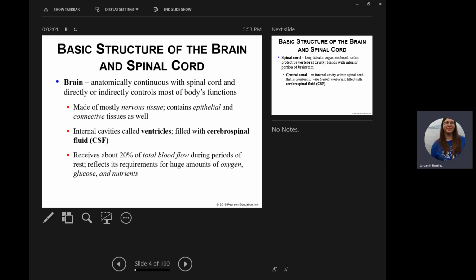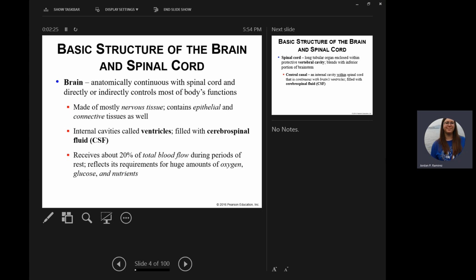All right, so we're going to talk about the brain, then we'll talk about the spinal cord. And the same with this overall PowerPoint. We're going to talk about different portions of the brain, and we're going to talk anatomy of the spinal cord. The brain is anatomically continuous with the spinal cord and is directly or indirectly controlling most of the body's functions. Makes sense. It's made mostly of nervous tissue, and it contains epithelial and connective tissues as well.